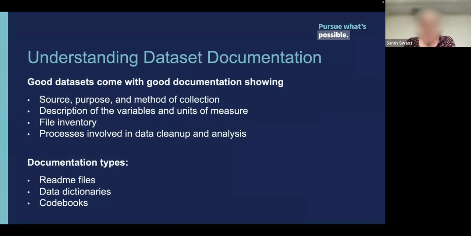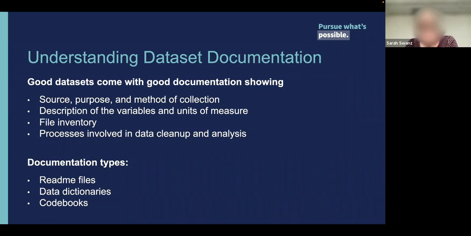Take a look at the documentation. Good data sets come with good documentation. If there's not good documentation around it, how can you tell if it's a reliable source? You can't. So maybe it's not something you can use in your research. So look at the source, purpose, and method of collection. Look at the descriptions of the variables in use and the units of measure.